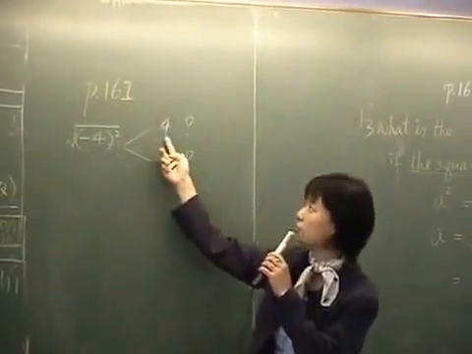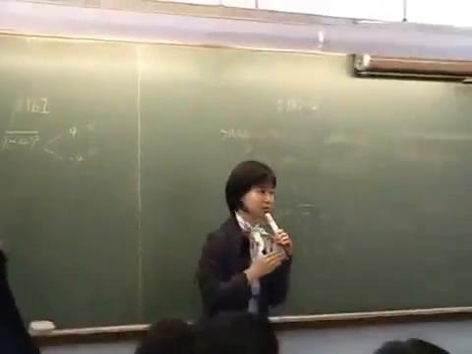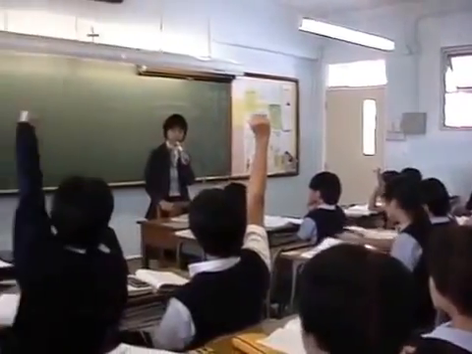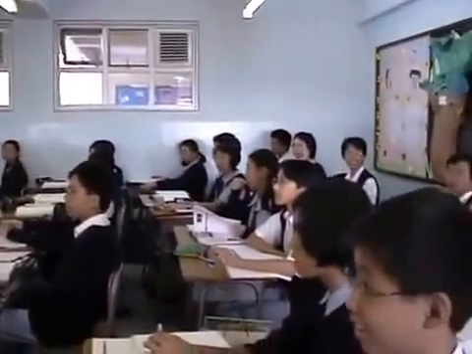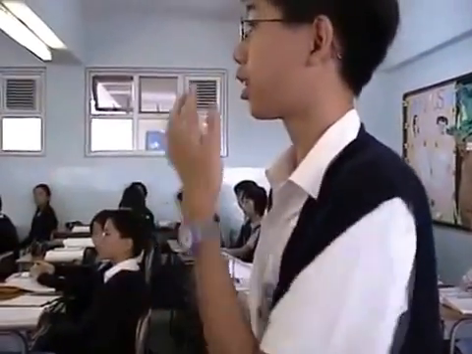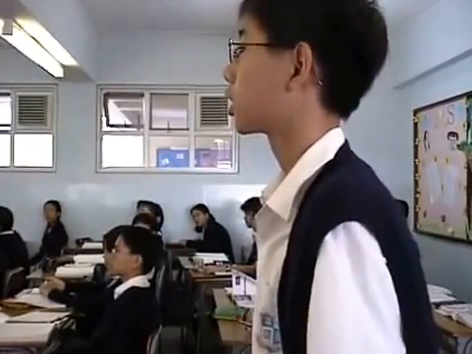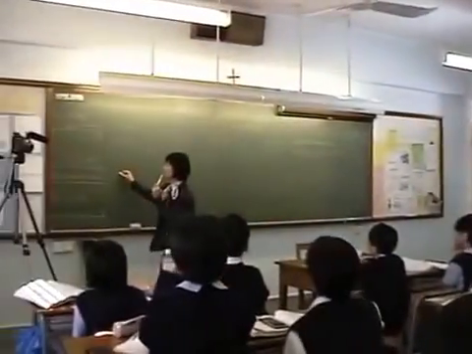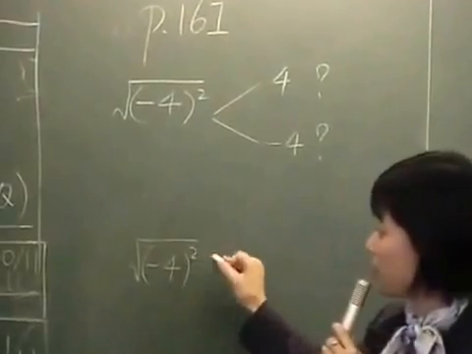Is it equal to 4 or equal to negative 4? It is 4. Why? Negative 4 times negative 4 is equal to 16, and the square root of 16 is 4.